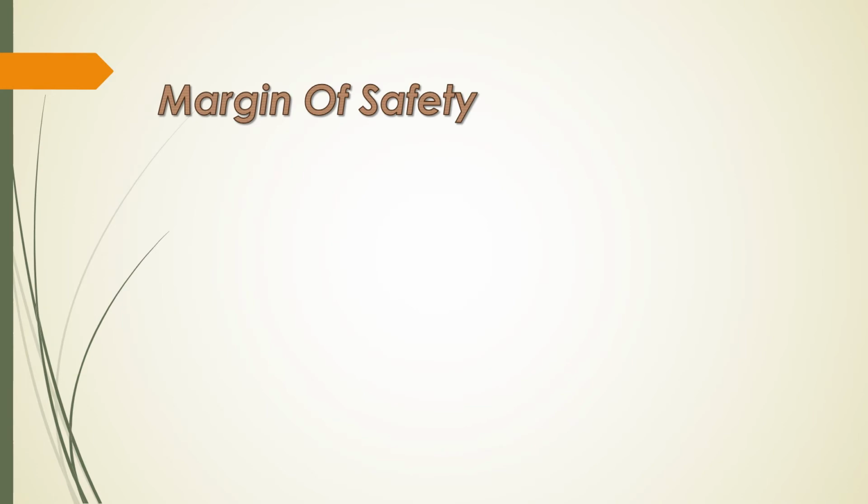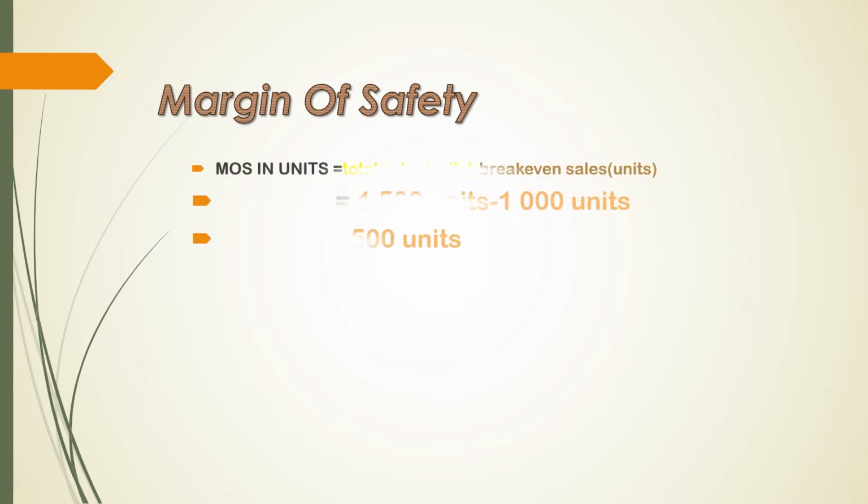This is a brief video, guys. Now we're going to look at the margin of safety in a typical example. Our MOS is margin of safety in units. Say we have total sales of 1,500 minus break-even sales in units.